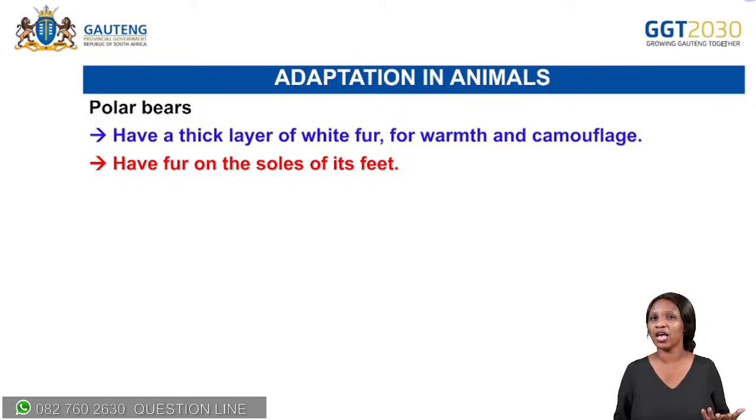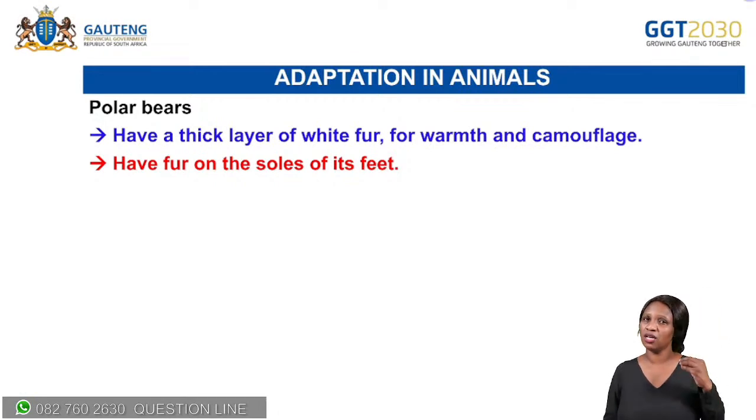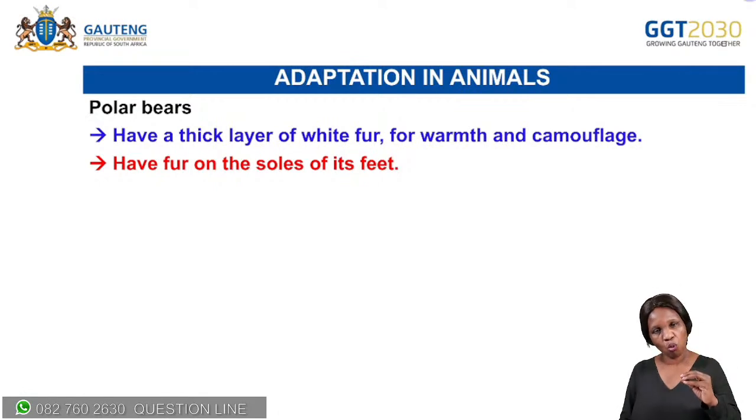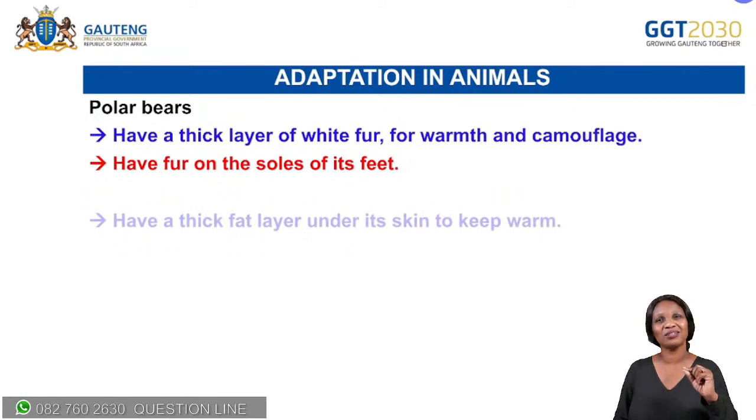And then it also has fur on its what? On the soles of its feet. It is for what? It is for warmth, so that it cannot freeze to death. Therefore, that is change, that is adaptation, because an animal needs to suit its environment.